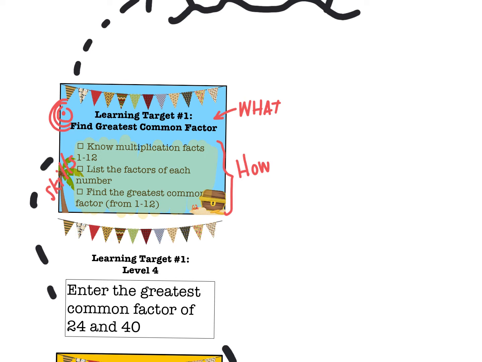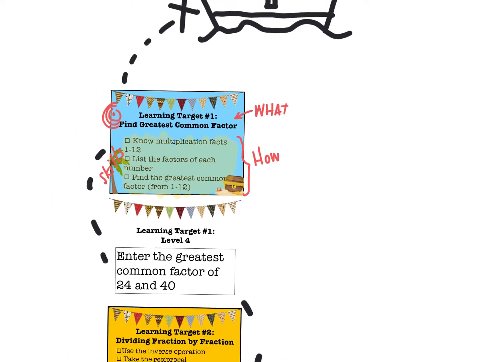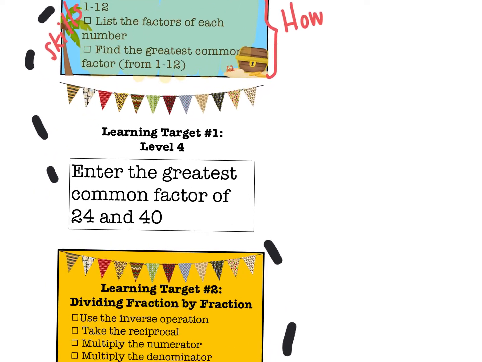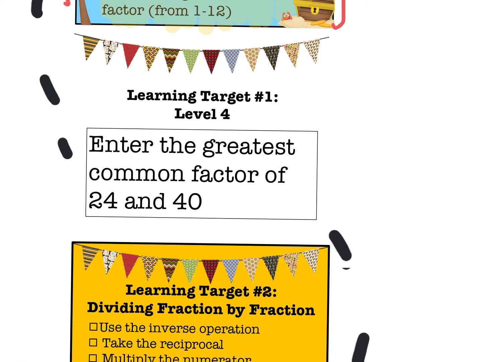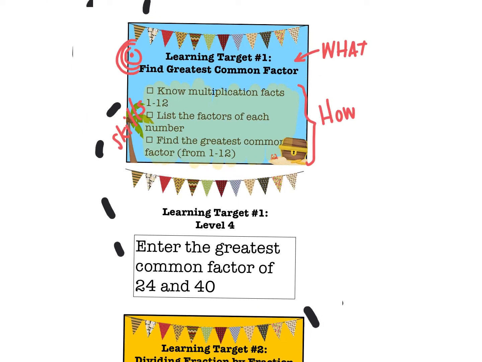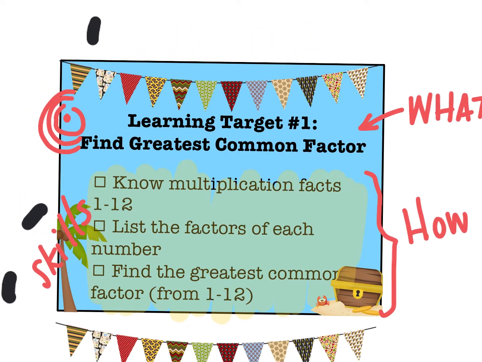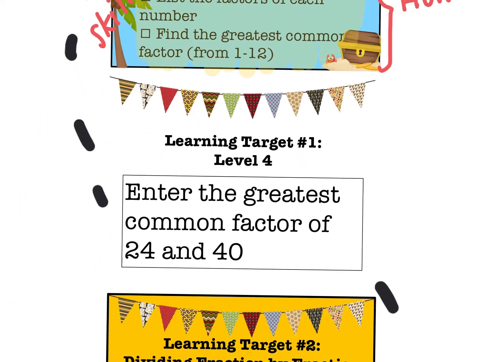So the first thing we have to do is learn how to find the greatest common factor. Well, why? Why does that matter? Well, I wanted to show you this really quick too. I added this to our learning map this time. I wanted to show you what a level 4 question would look like for every one of our learning targets. So here's our learning target, and here's what a level 4 would look like.